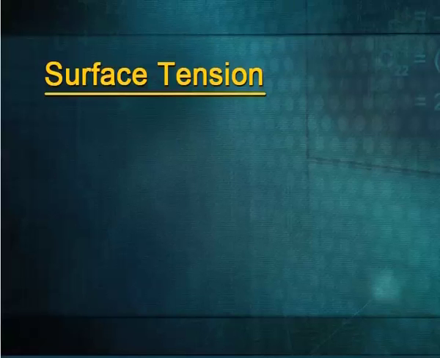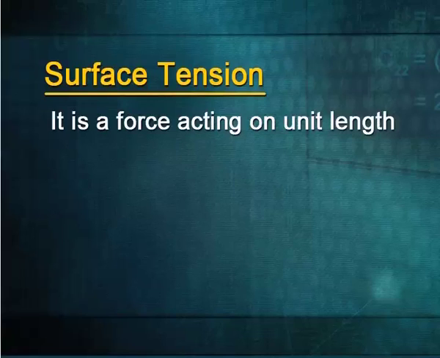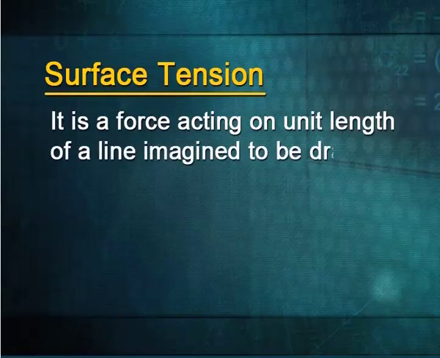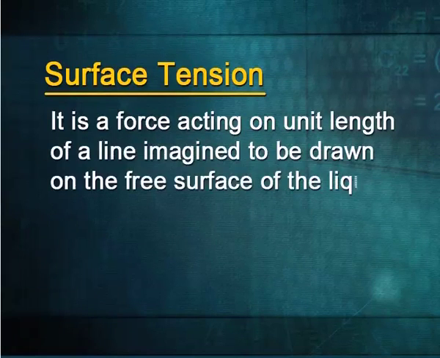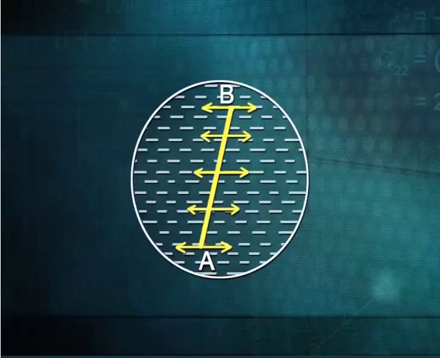So students, what do you mean by surface tension? Surface tension is a force acting on unit length of a line to be drawn on the free surface of a liquid. So students, look at the figure. In this figure, a line is drawn on the free surface of the liquid and surface tension is acting upon these lines.